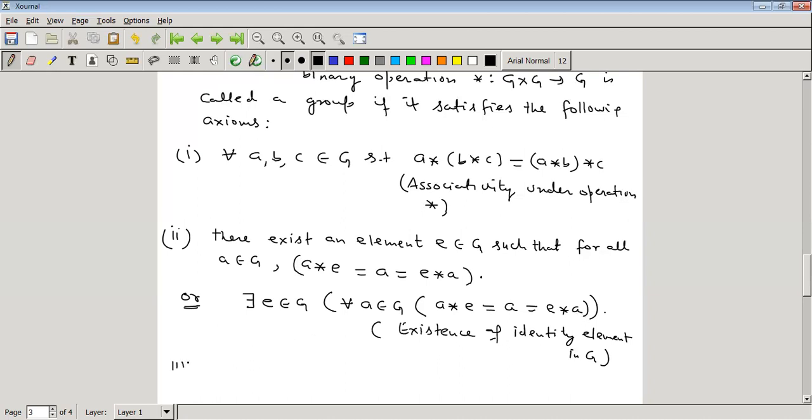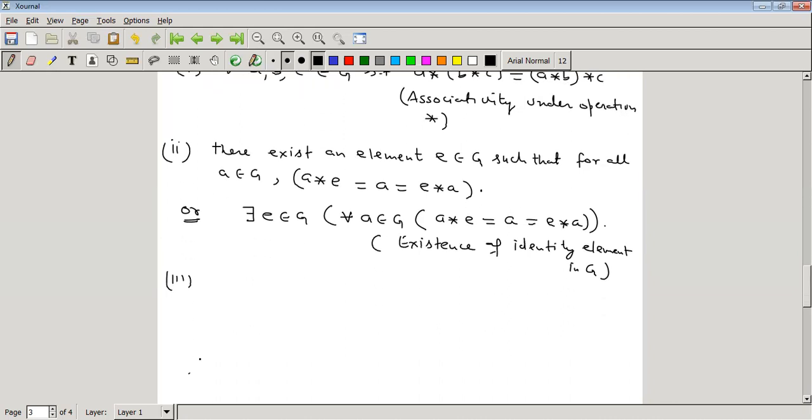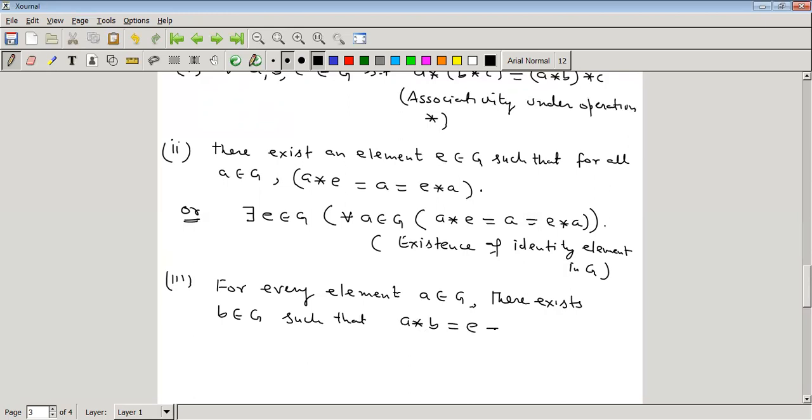Now third is, for every element A belongs to G, there exists B belongs to G such that A star B is equal to E is equal to B star A. So this is called existence of inverse.